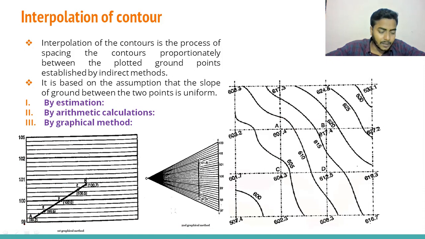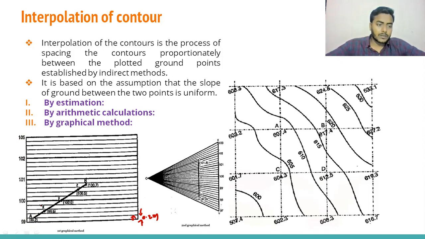We have started from elevation 99, then 105, and in each 1 meter you can see there are 5 divisions, 1, 2, 3, 4, 5 divisions. So each division has a length of 0.2 meter.